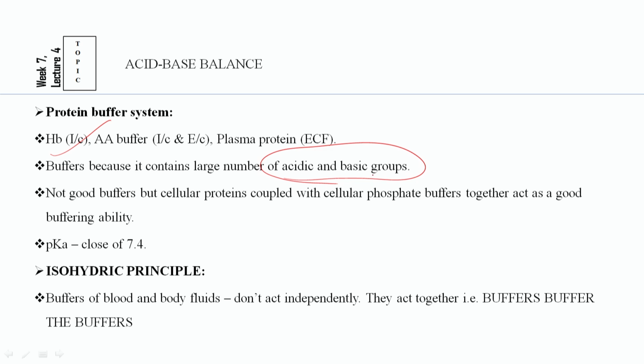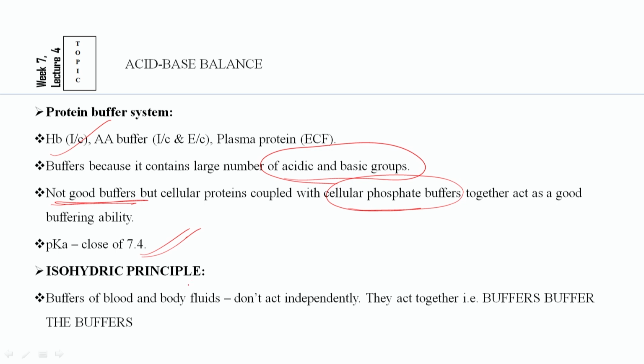But on the other hand, the protein buffer system is not a good buffer, but the cellular proteins coupled with the cellular phosphate buffers, then you can call it a good buffering ability. Otherwise, it is not a good buffer system. The pK of the protein buffer system is near 7.4. It is not exactly 7.4.